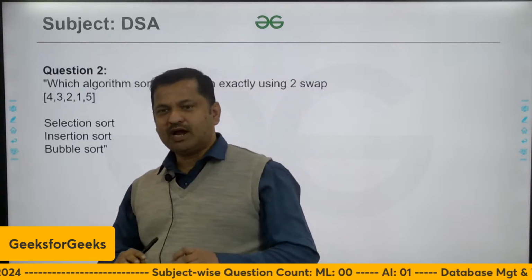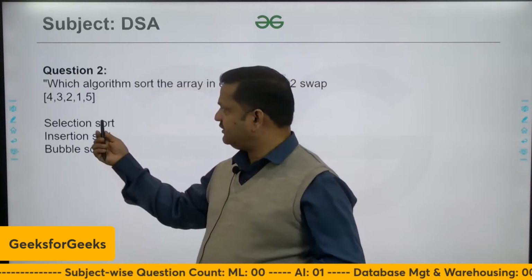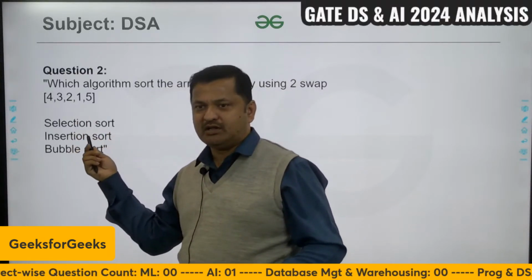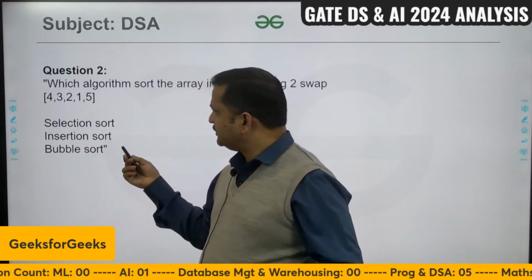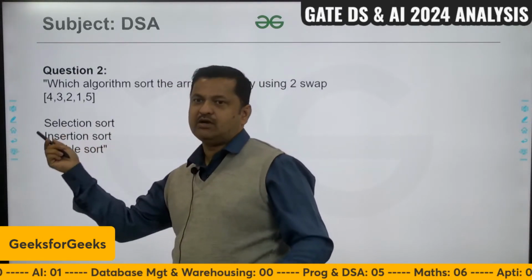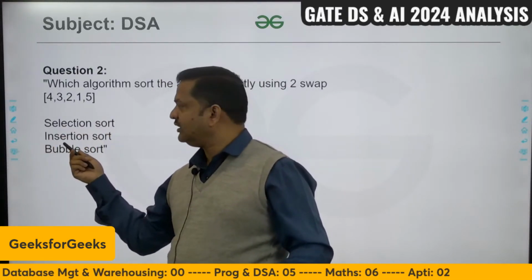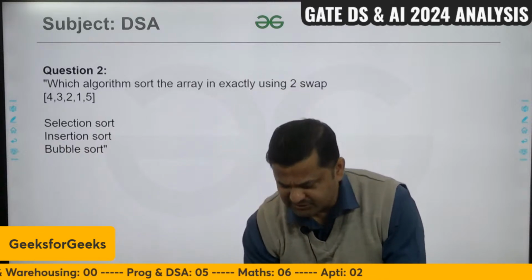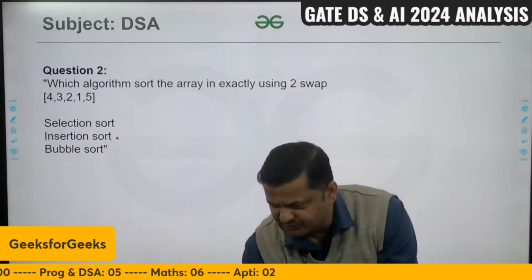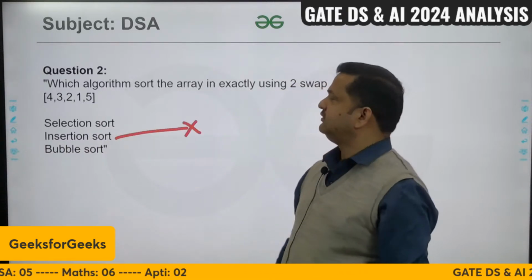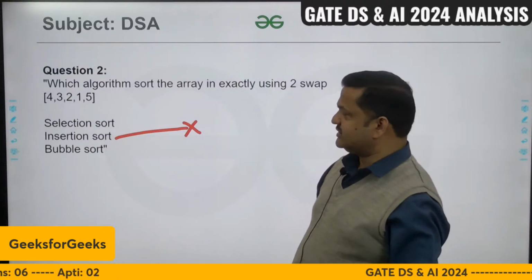Looking at whether swapping is permitted, insertion sort does not use swapping, so insertion sort is out. We cannot give the solution with insertion sort.